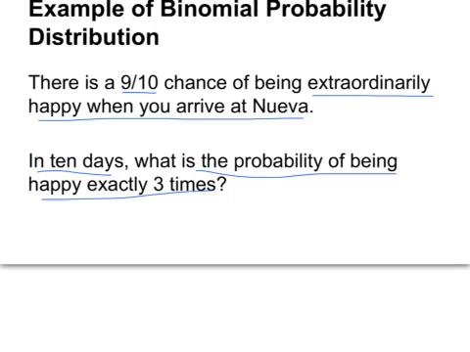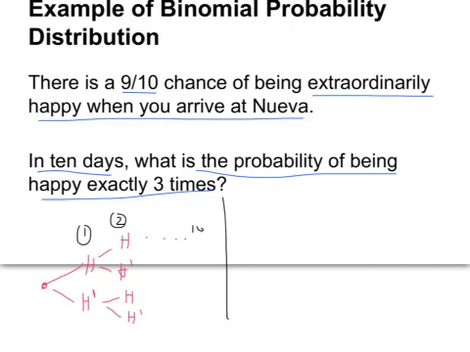Well, you could go about creating a tree where you have happy, not happy, happy, not happy, and this tree is going to branch out 10 times. But if we use the idea that we were just thinking about, why don't you pause the video right now and see if you can write out the probability using the idea from the last 2 slides.